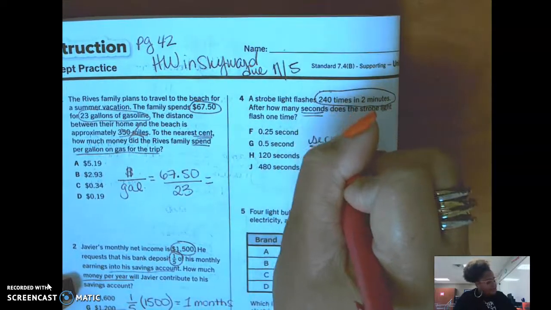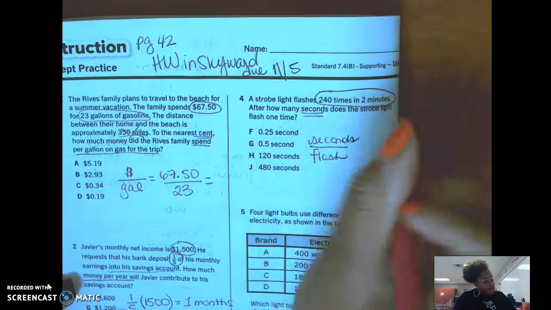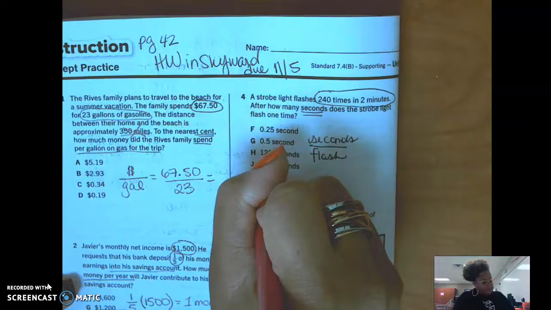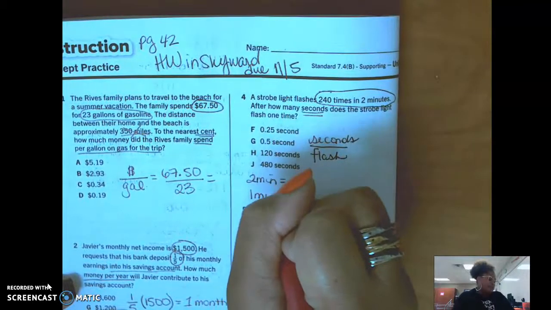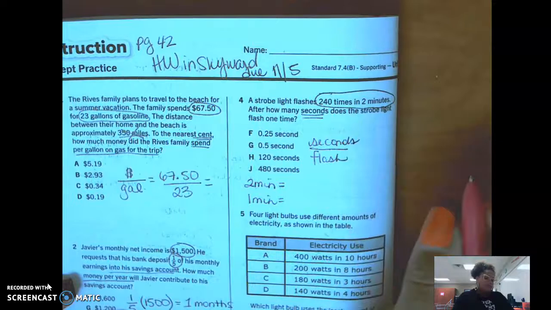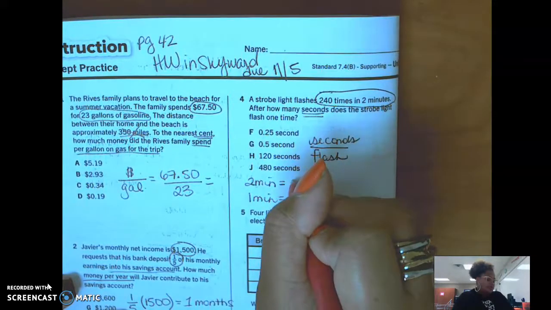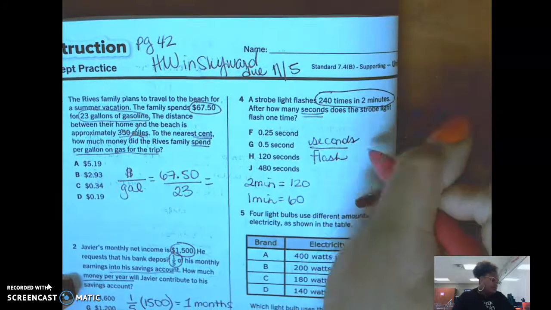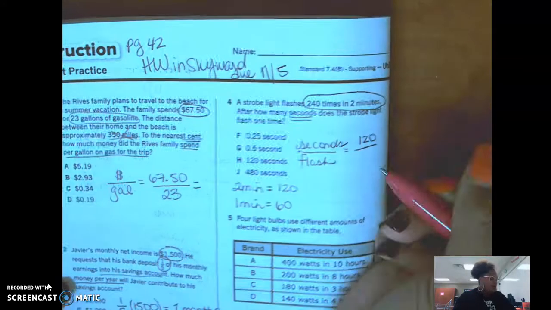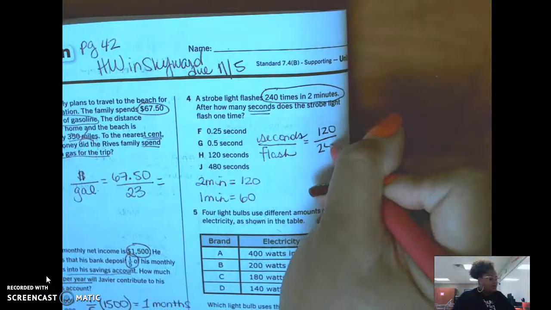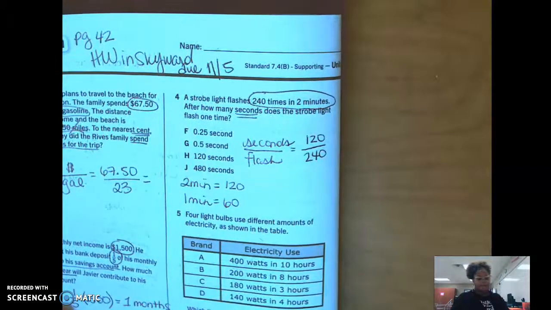Seconds per flash. Now they give me 2 minutes, but how many seconds is that? Good. 1 minute equals 60. 2 minutes equals 120. So 120 over 240. And then you'll simplify and get an answer.